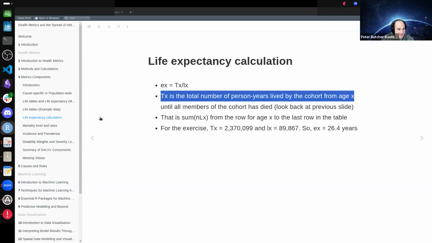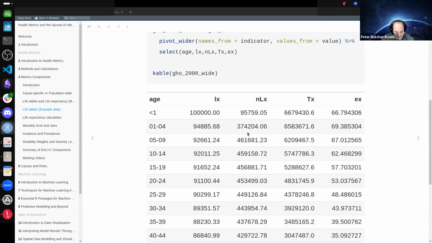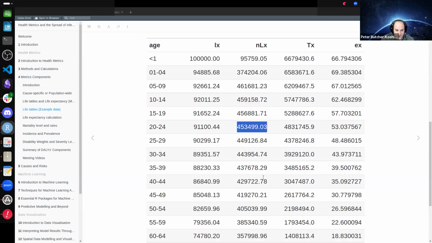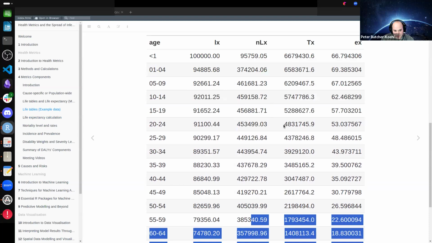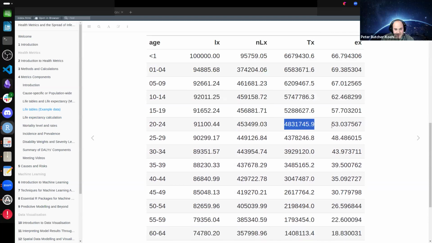So looking back at the previous slide, if we're looking at, for instance, age 20 to 24, we're looking at this number, 453,499, all the way to the bottom, and that gets summed up into Tx. And then we divide that by lx to get the expected life remaining.